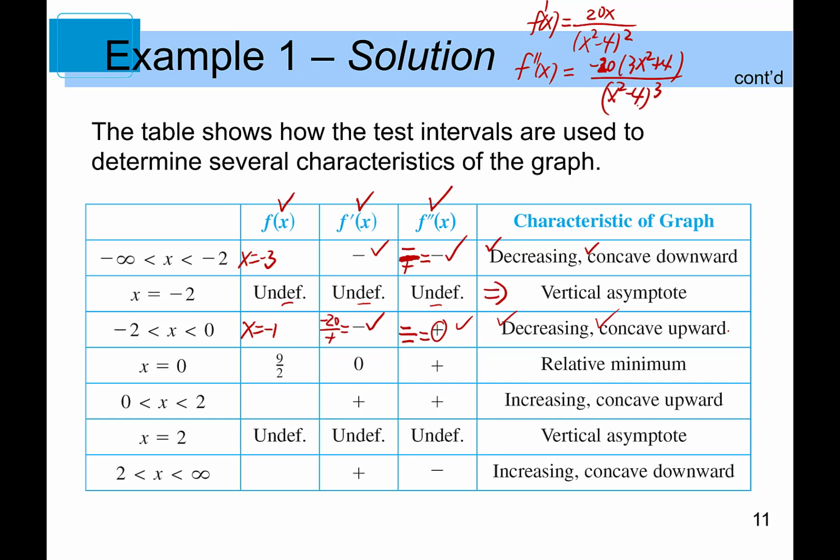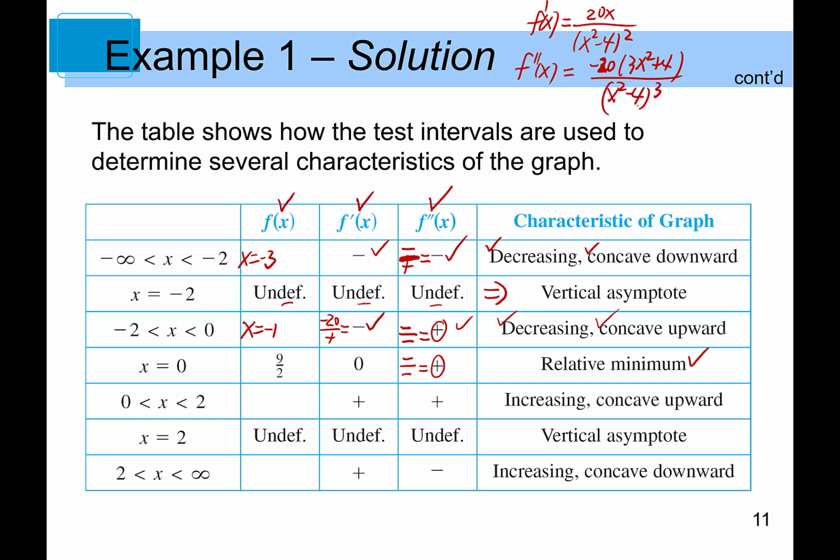At x equals 0, the first derivative equals 0. That means it is a possible relative extremum. And if you look at the second derivative, at x equals 0, the numerator is always negative. The denominator is also negative. Two negatives turn into a positive. So that tells us it's a relative minimum. Okay.